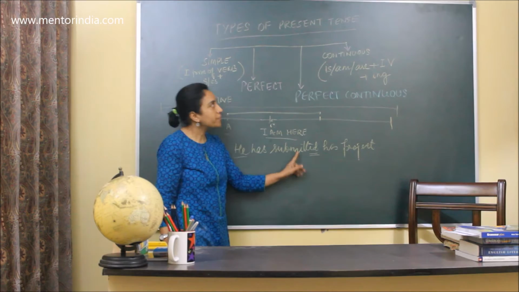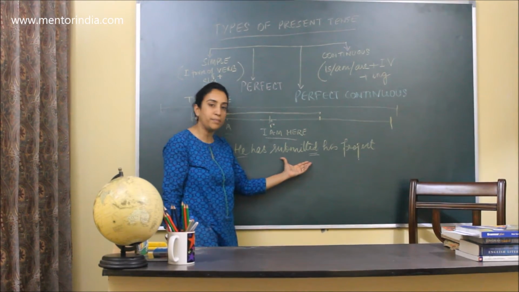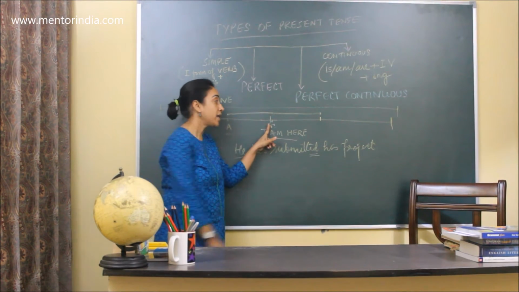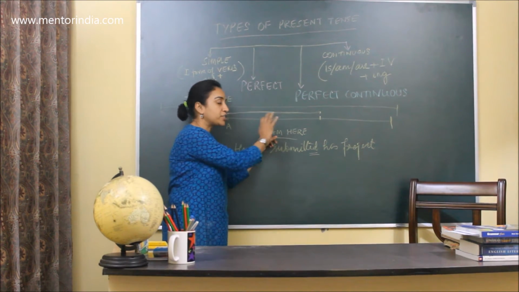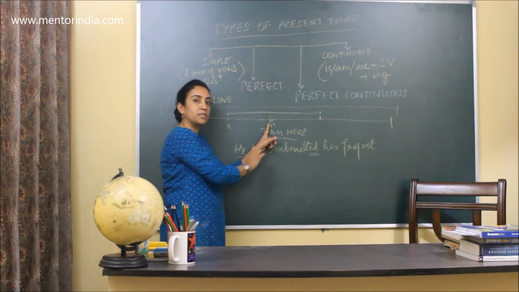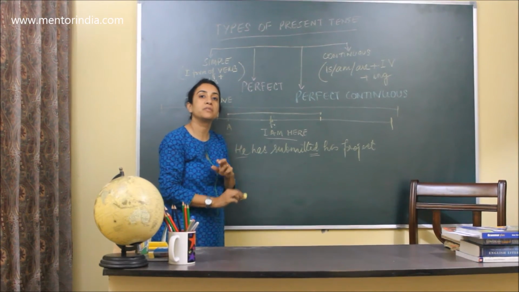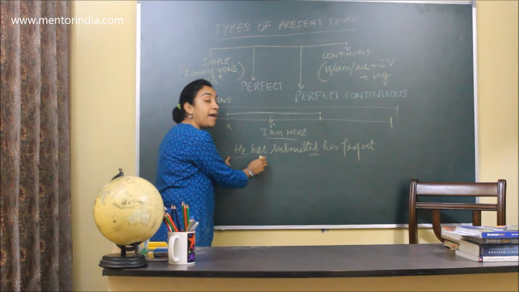Why? We are talking about present tense. How are we putting a third form here? Now the work or the action that I'm talking about has already been fulfilled. The project has been submitted. The work has been done. So I'm going to talk about it in the past form. How? He has.